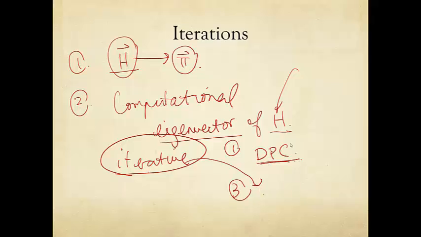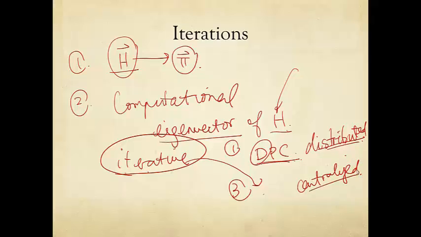And back in lecture 1, we not only used iterative but also distributed. That's why there's a letter D here, because we cannot afford a centralized computation. In this case, however, we can afford a centralized computation. So both DPC and Google's ranking algorithm are iterative algorithms, but one is distributed computation, the other is centralized computation.